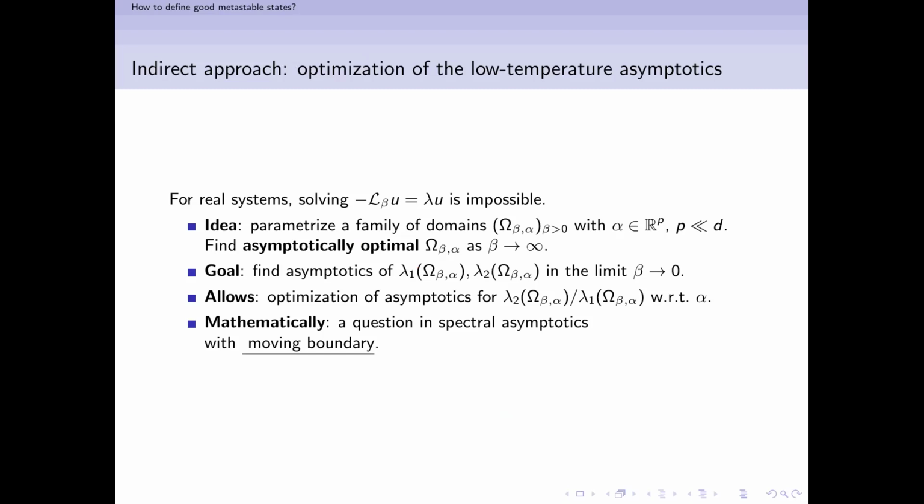And we want to optimize this asymptotics. Okay. So it won't be a finite temperature, we won't get optimal domains. We get sometimes things that behave optimally in the low temperature limit.